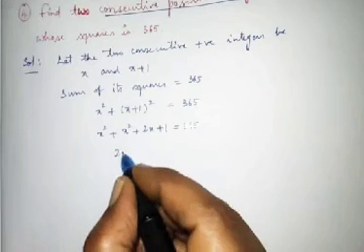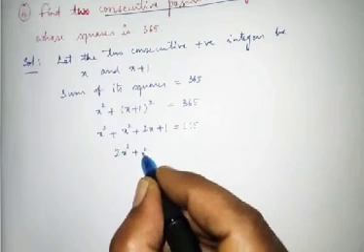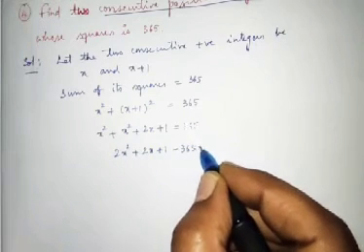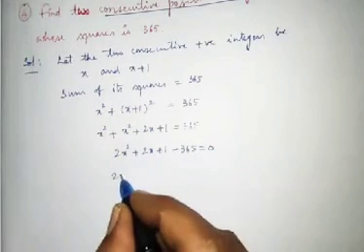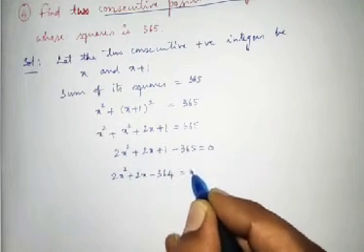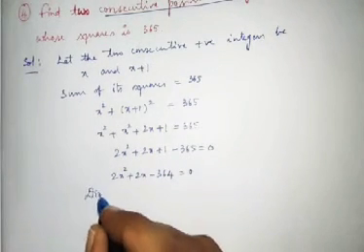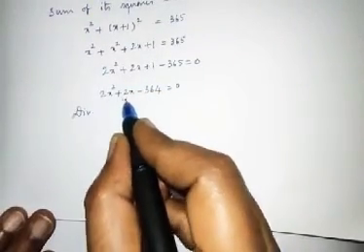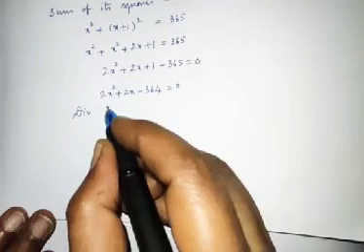x square plus x square, 2x square plus 2x plus 1. This one you shift, minus 365 is equal to 0. So 2x square plus 2x minus 364 is 0. Dividing each term, we can see here, we can divide the coefficients by a common number which is nothing but 2.